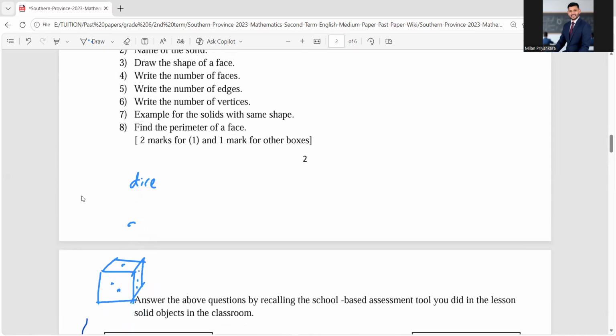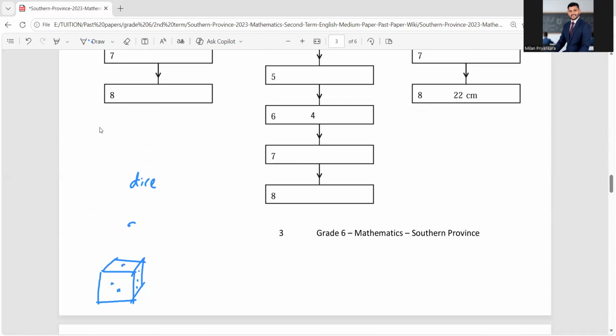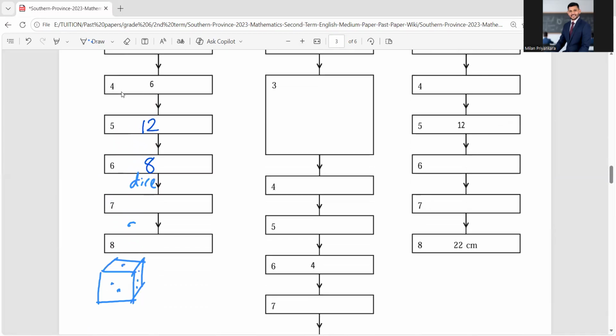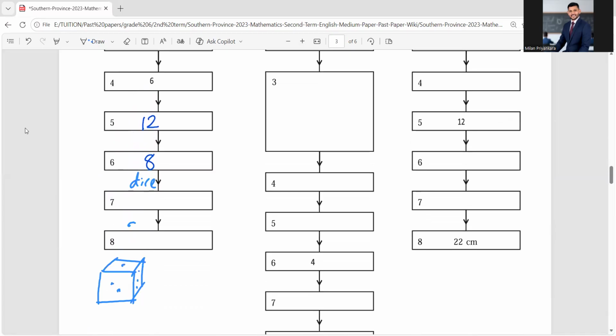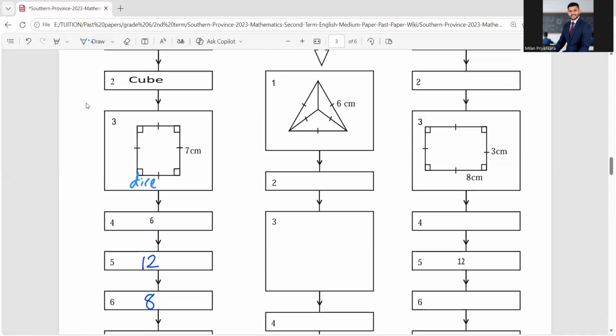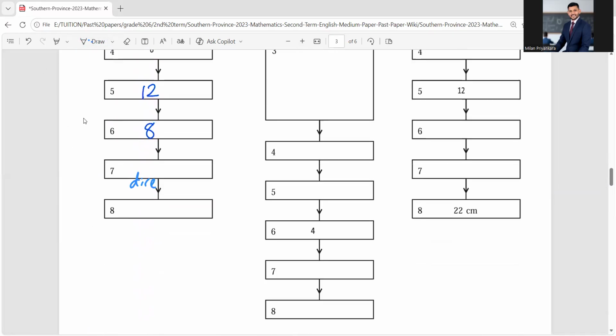And then find the perimeter of a face. Perimeter of a face. Okay, for this one, the perimeter of the face should be, because you know, for one face we will see the dimensions. One side length is 7.